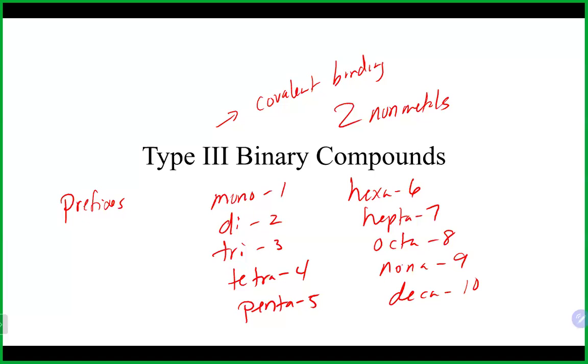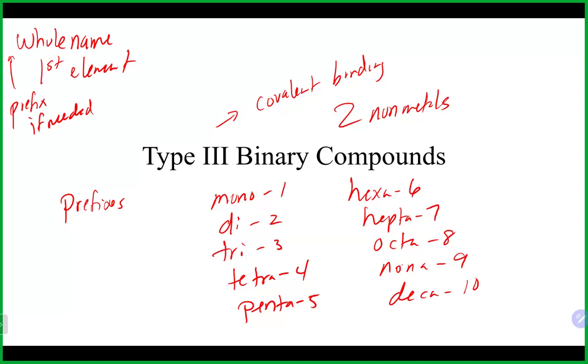So the way that we name type 3 is, it is always the whole name of the first element, and you could use the prefix before that if needed. Then you use a prefix for the second name, and the nonmetal name there gets the normal IDE treatment.